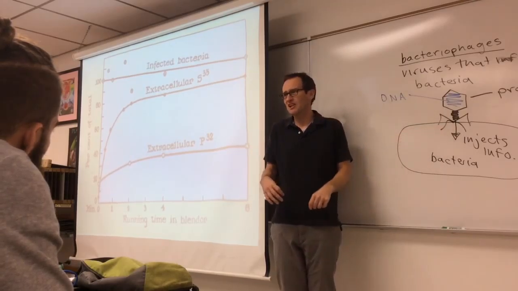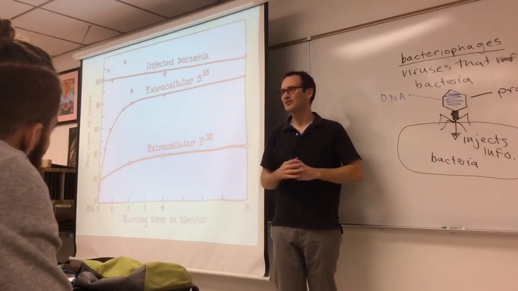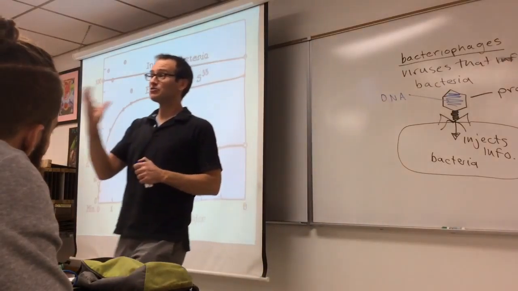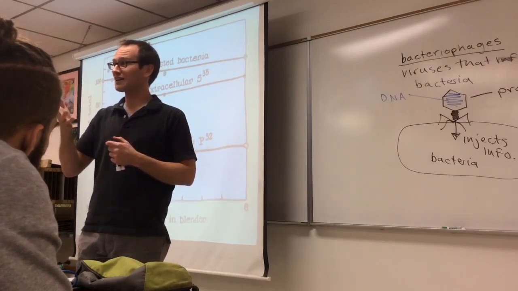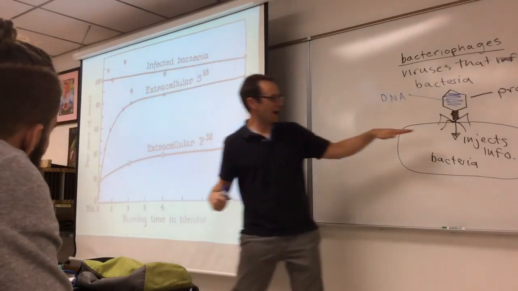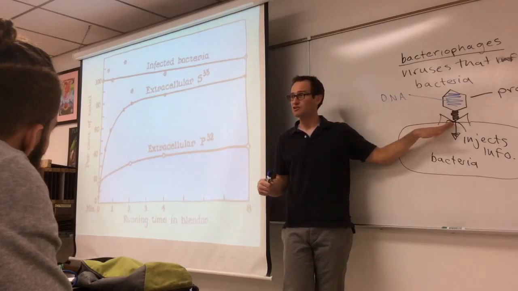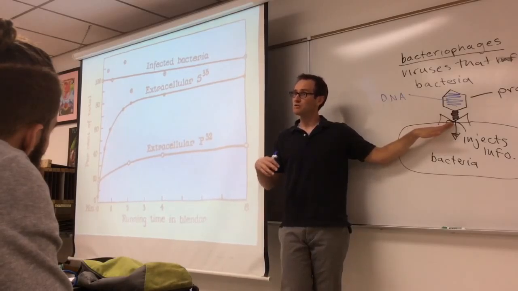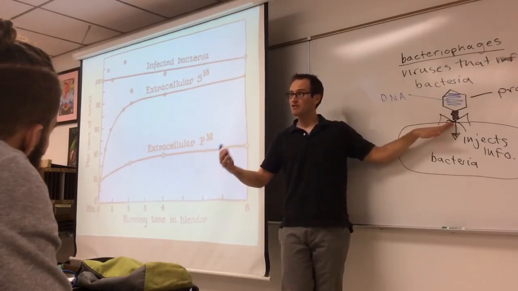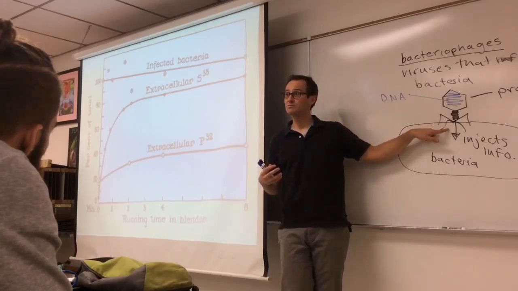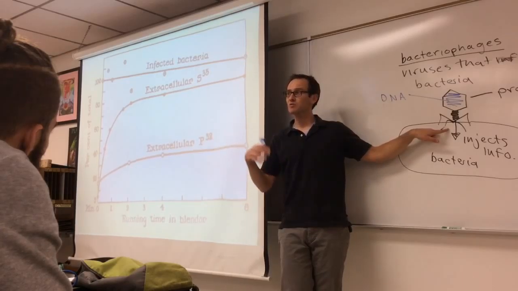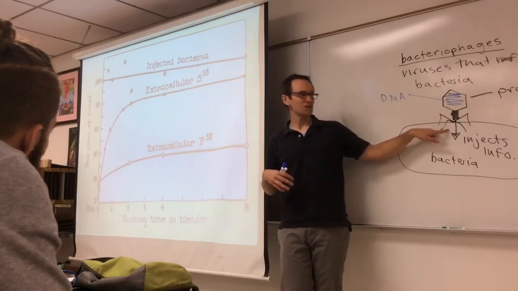If you take bacteria that have bacteriophages on them and you agitate them violently, you can shake off the associated bacteriophages. So you let infection happen, then you violently shake them to shear off any attached bacteriophages, and you look to see where's the radioactivity.